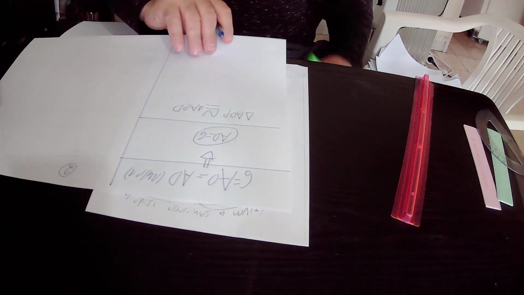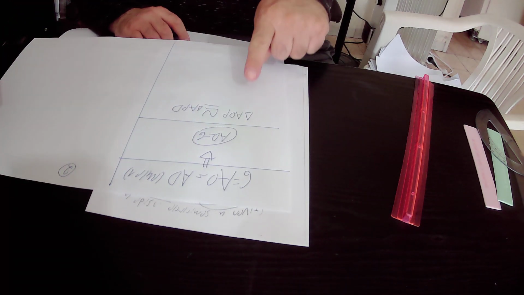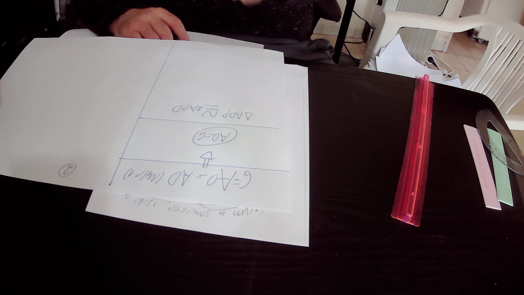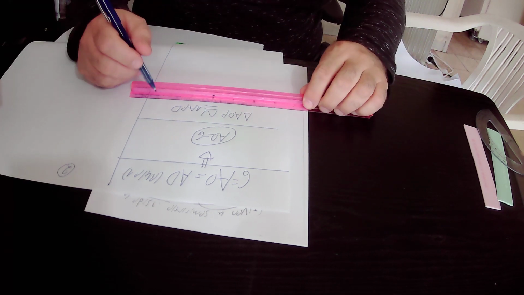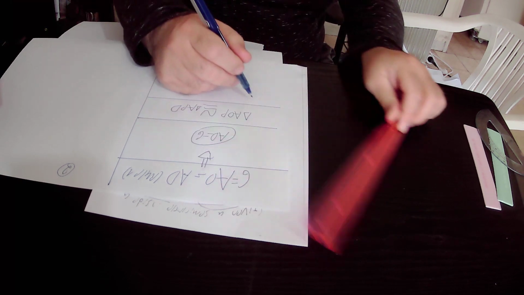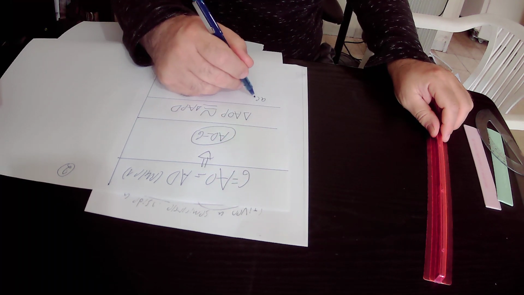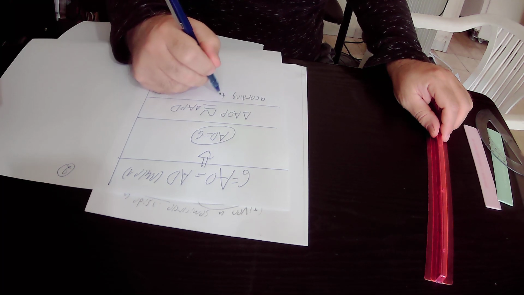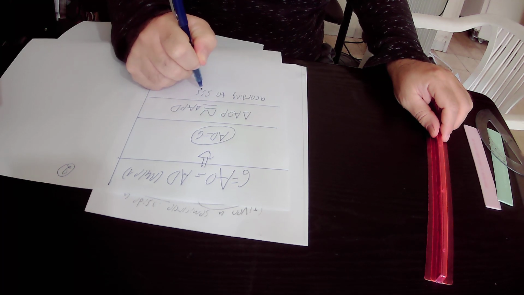I repeat again, the right green triangle AOP can go into the right triangle APD, and they can go into each other according to the side rule.